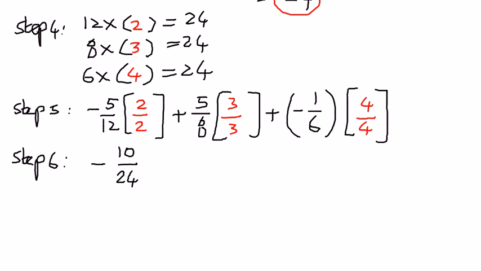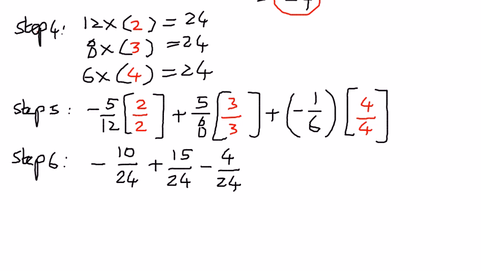In the second fraction, 5 times 3 is 15, and 8 times 3 in the denominator is 24. And in the third fraction, we have a negative sign multiplied to a positive sign, therefore the result is going to be a negative value. 1 times 4 is 4, and then 6 times 4 is equal to 24.